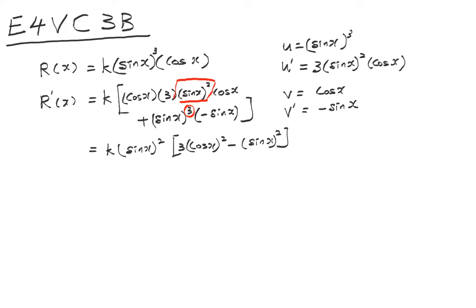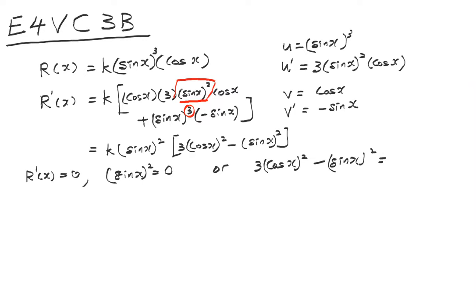Okay, so in order for R prime X to become 0, so R prime X equal to 0 means sin X equal to 0, sin square X equal to 0, or 3 cos X squared minus sin X, the whole thing square equal to 0.